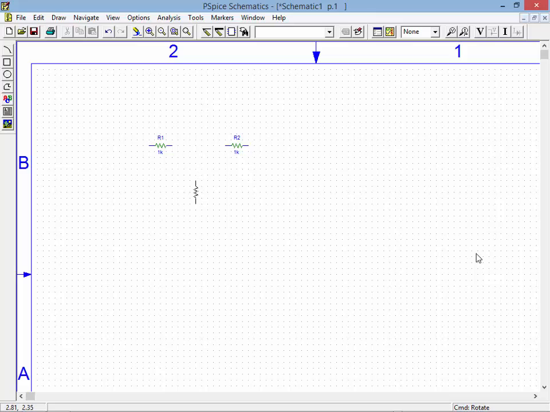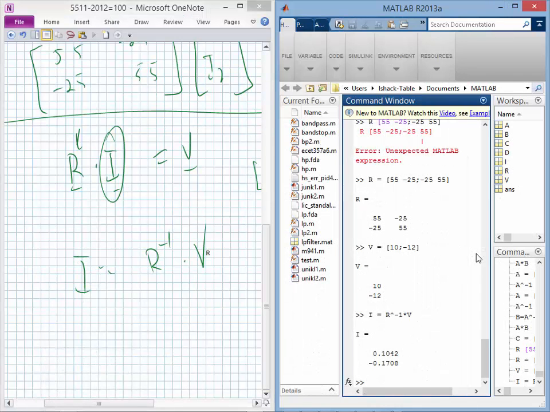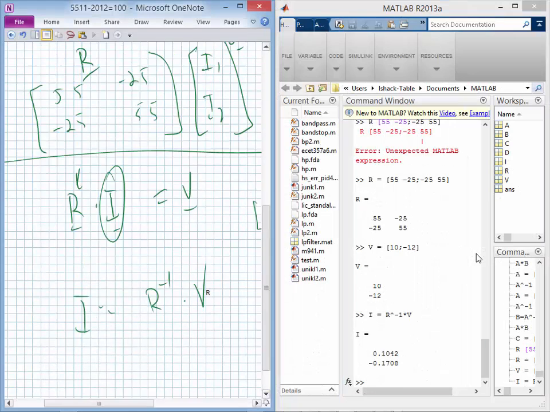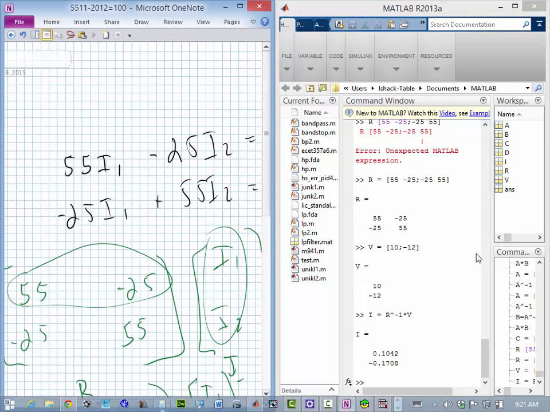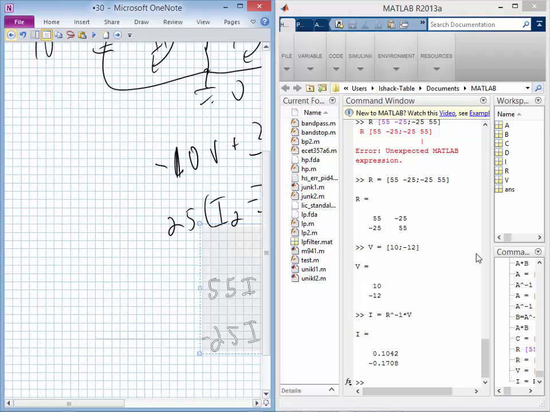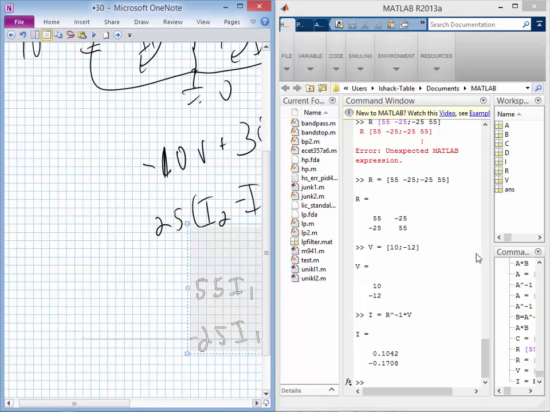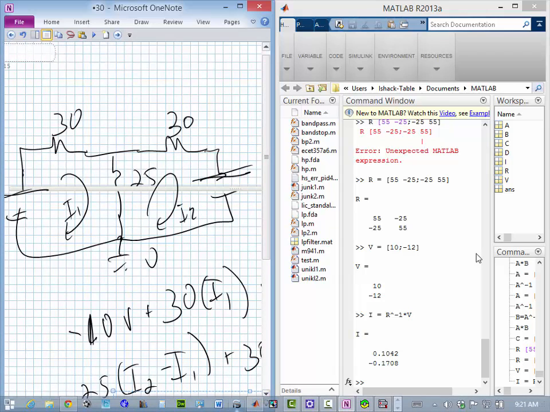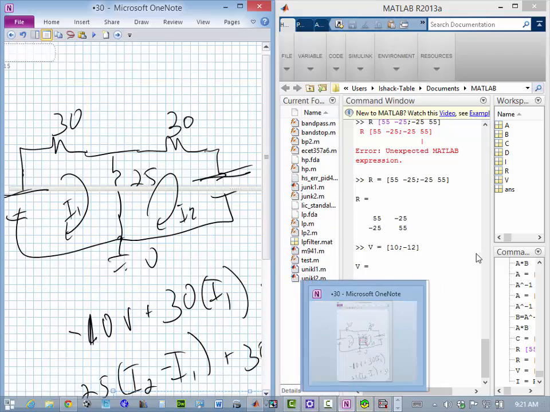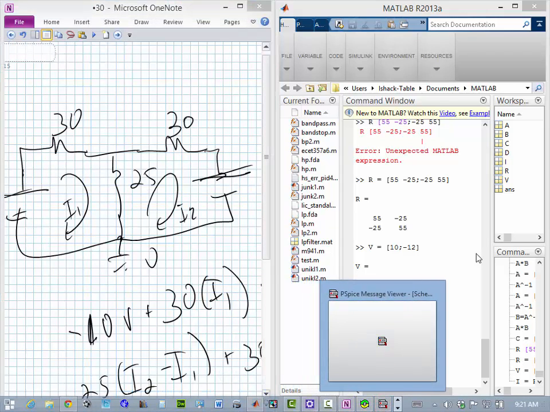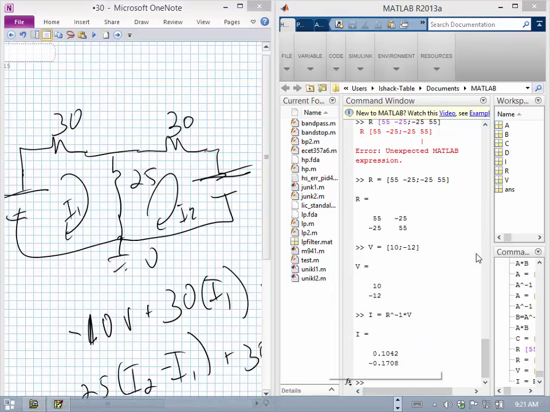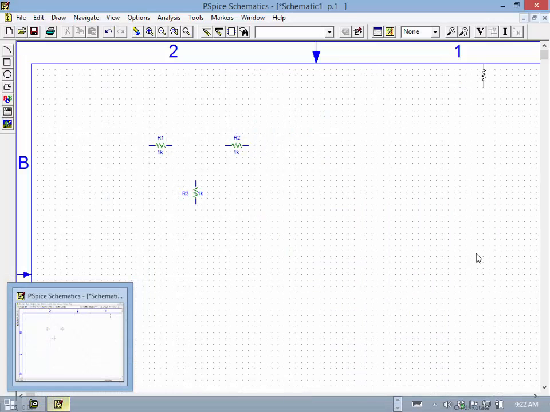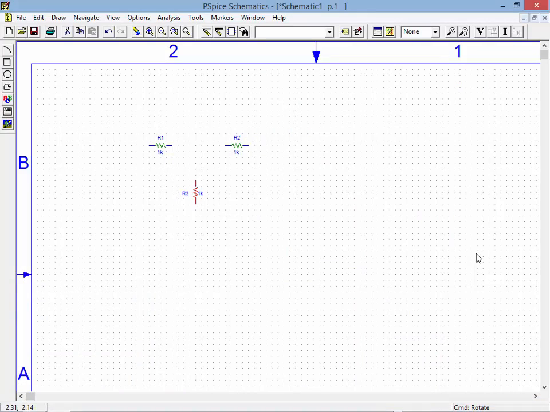I didn't have one in the middle there. All else fails, put the circuit up there. Okay, 30, 30, and 25. All right. Right there.